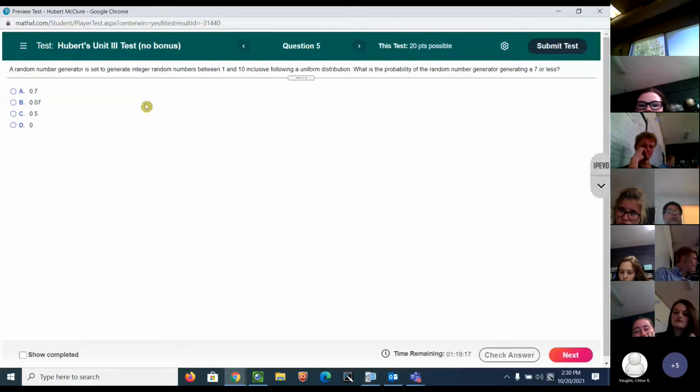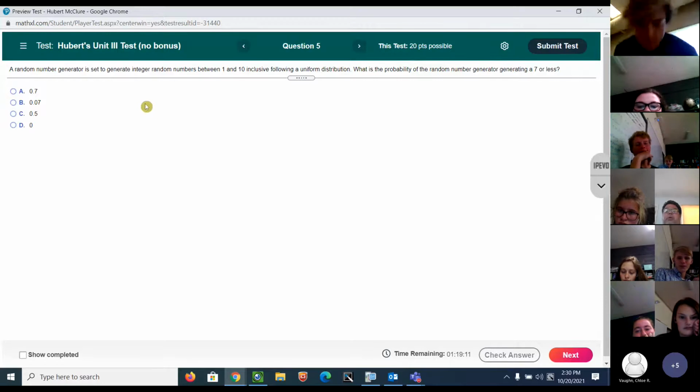A random number generator is set to generate integer random numbers between 1 and 10 exclusively. What is the probability of the random number generator generating a 7 or less?